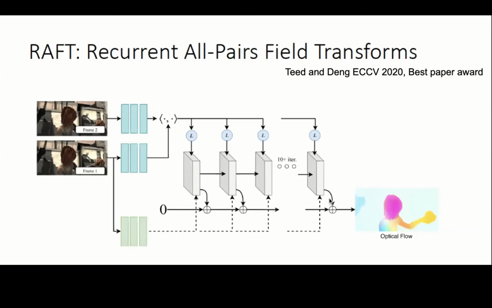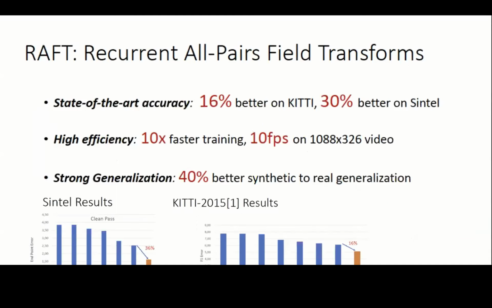And after you get the flow field at the 1/8 resolution, RAFT further introduces an upsampling module, which is very similar to the subpixel convolution for image super resolution. And it actually achieves a significant improvement over the previous state of the art, like about 60% improvement on KITTI and about 30% on Sintel.